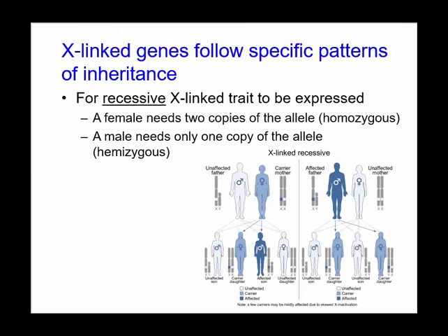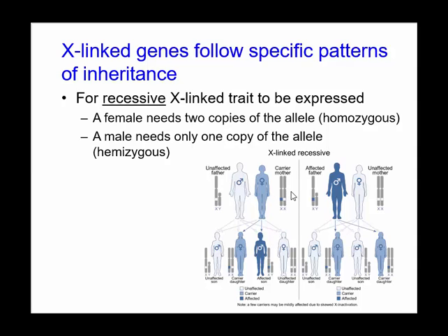Okay, so let's talk about these X-linked traits. They follow specific patterns, and because females will have two copies of an allele, they may be the same, they may be different. So here's an example: this carrier mother. So we're just using blue and white here.